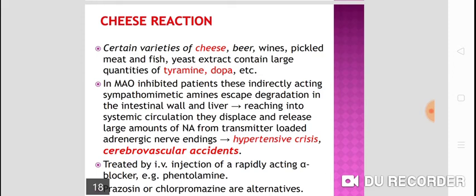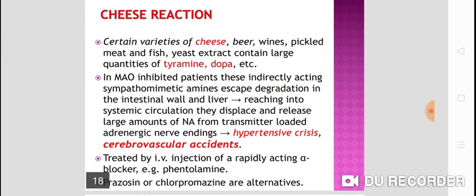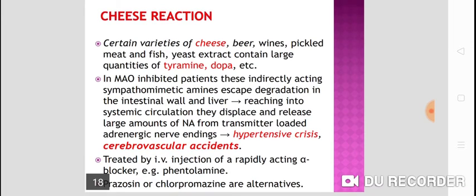Means if that particular patient of depression is on a monoamine oxidase inhibitor, and if that patient consumes cheese, beer, wines, pickled meat, fish, those foods that contain a high amount of tyramine, he or she may land up in a cheese reaction, and that cheese reaction is nothing but the hypertensive crisis or cerebrovascular accident or stroke.